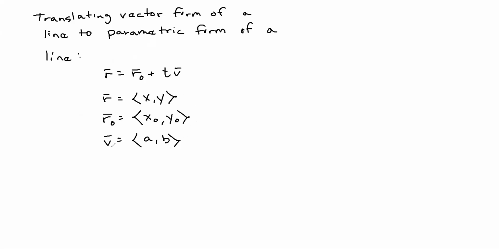All right. And then if we take those things and just plug them in, what happens? We're going to get x, y equal x naught, y naught plus t times a, b. And then this is just a scalar multiple of the vector, so we can bring it in by multiplying it by both of the components.